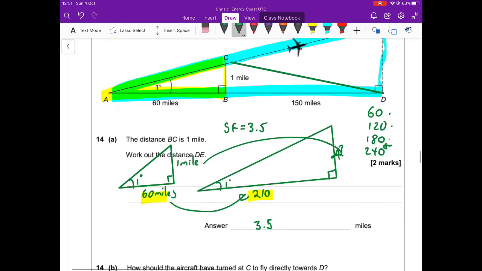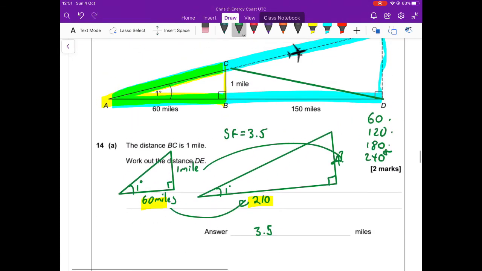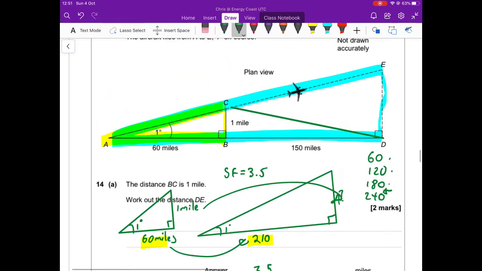I've drawn on a green line between C and D because it wouldn't let me do it before. How far should the aircraft have turned? So imagine he's here, okay? If he turns 1 degree, I'll take him back to the horizontal because he sort of started on the horizontal, then he went 1 degree that way, so it'd be back on the horizontal. Is this angle here bigger than 1 degree or not?